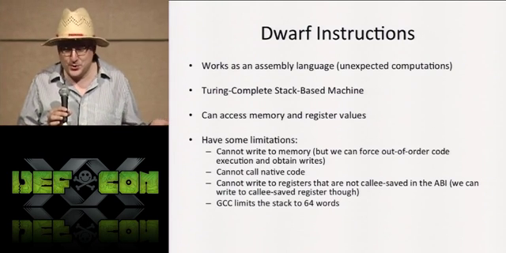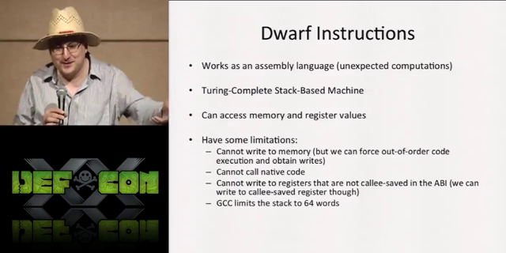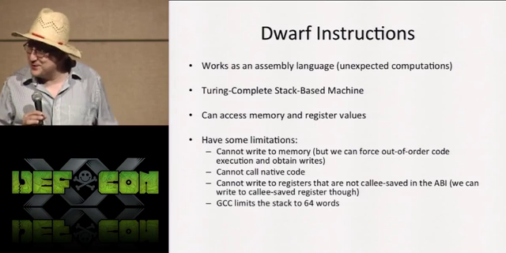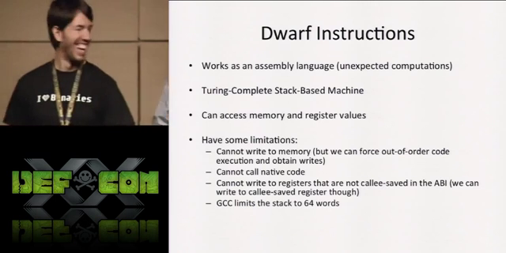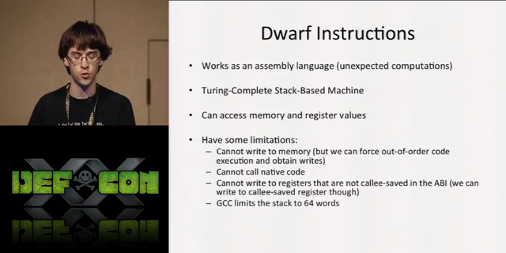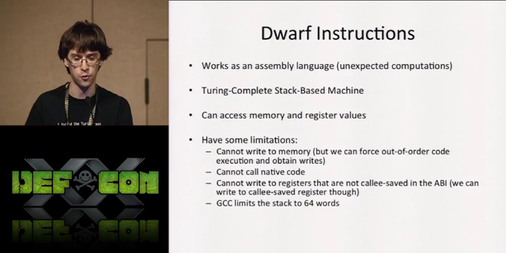If we only just showed up with an existing, here's your root, and by the way, here's your map of memory, it wouldn't be as much fun. The final limitation sounds like a limitation, but it's not really. Not through any standard process, but just through the implementation, GCC limits the stack of the DWARF virtual machine, which I'll explain the details of shortly, to 64 words.